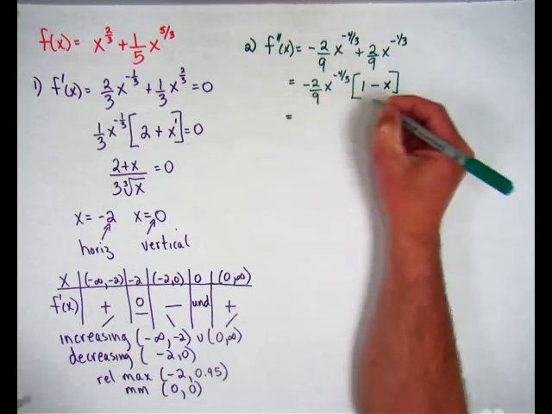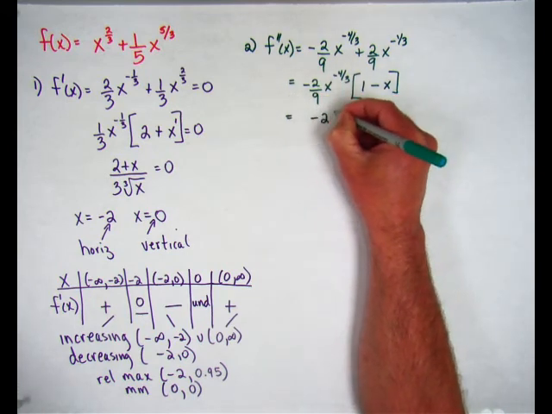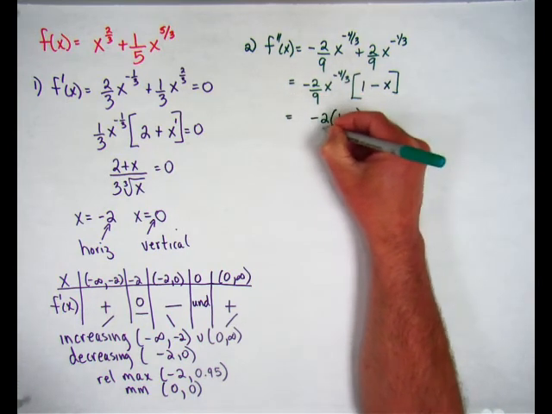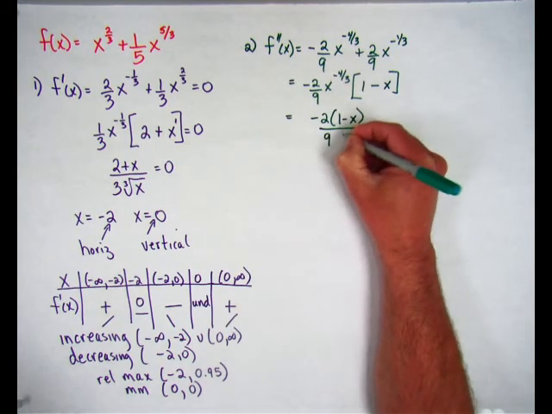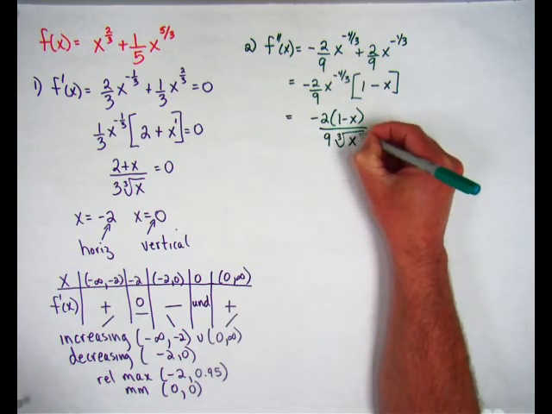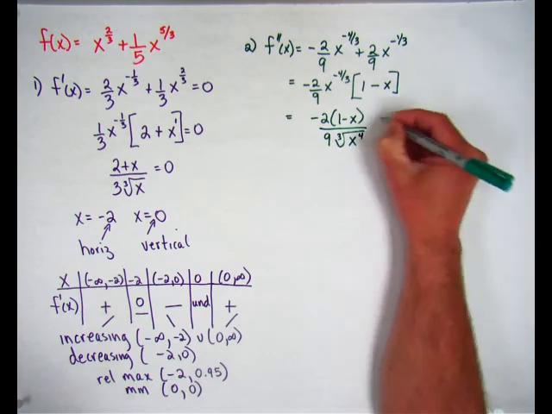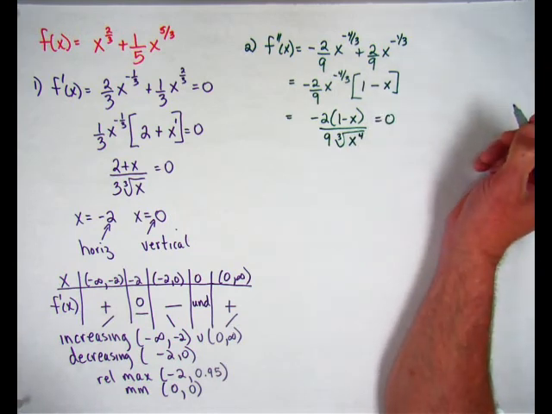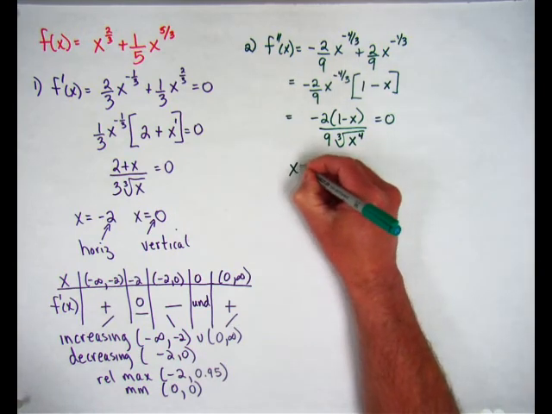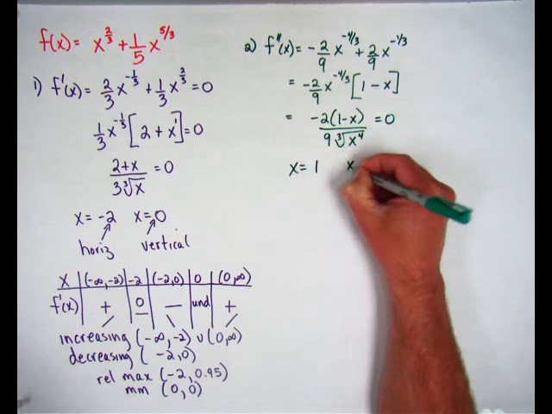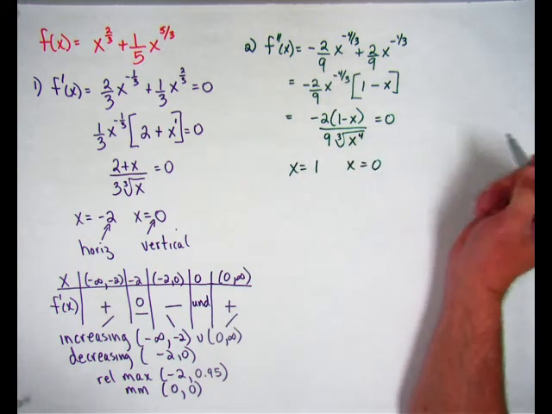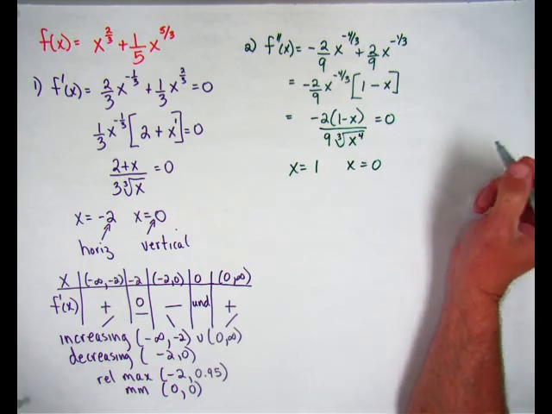I can rewrite that as negative 2 times 1 minus x all over 9 times the cube root of x to the 4th. Make that equal to 0, and we got critical values at 1 and another critical value again at 0 because of the dividing by 0 in the second derivative.